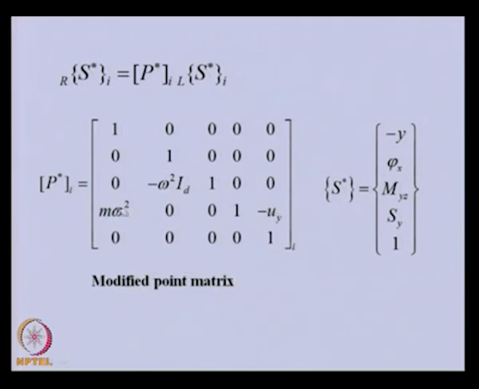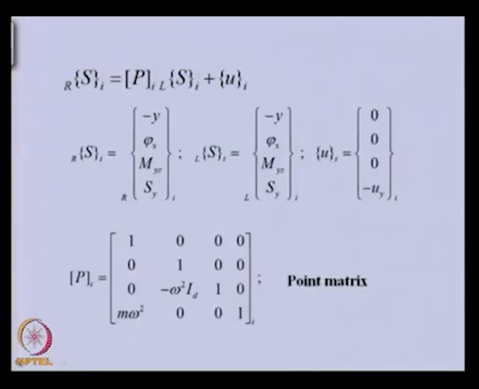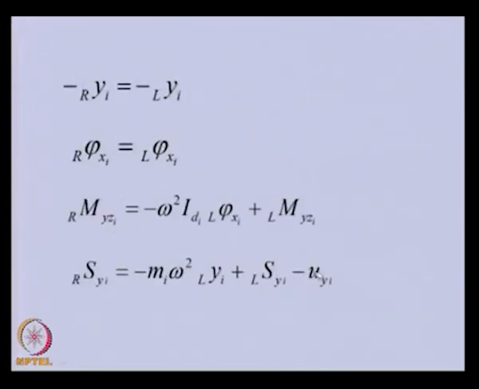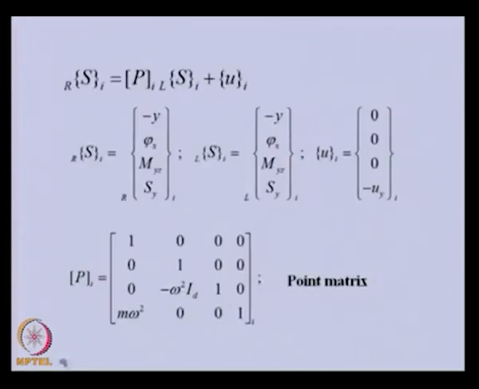Basically, if we substitute this point matrix and state vectors here and expand the fourth equation, we will get the same equation as the previous one, but now the unbalance is inside the matrix.